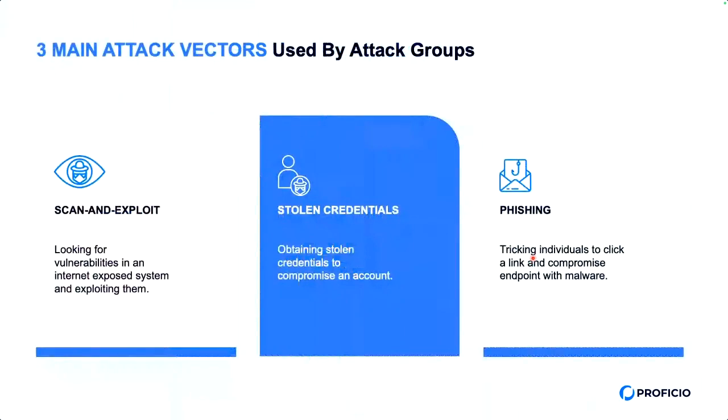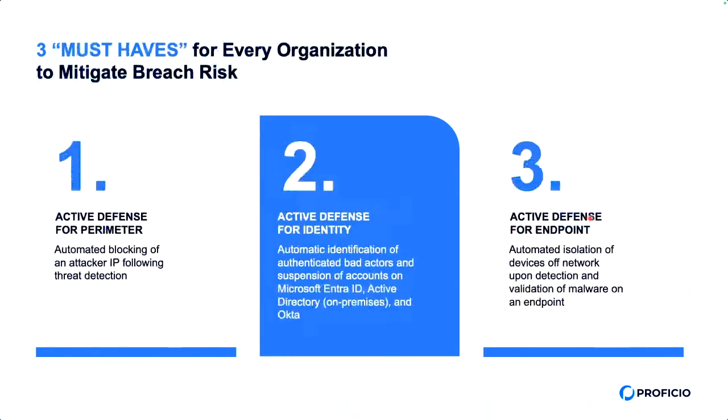We can see that the 3 main attack vectors used by attack groups nowadays are scan and exploit, so basically looking for vulnerabilities in internet exposed systems and exploiting them, right? Compromised user identities, a very commonly used attack vector, and phishing, also a very common technique, tricking individuals to click on something and compromise their endpoint with malware. So what we can offer every organization is active defense for perimeter, for automated blocking of an attacker IP following threat detection.